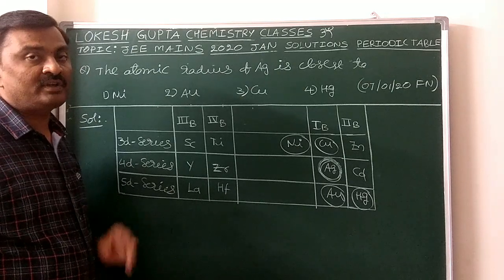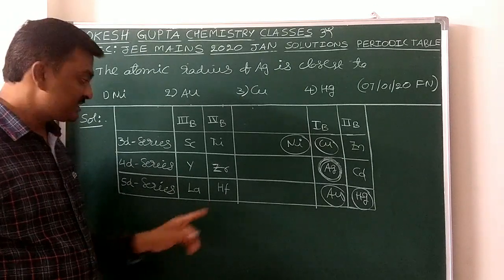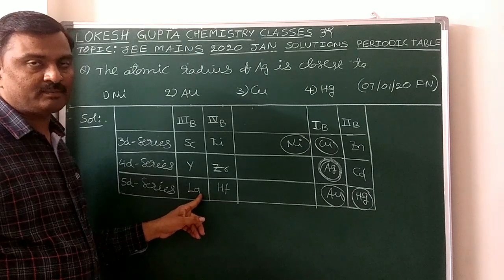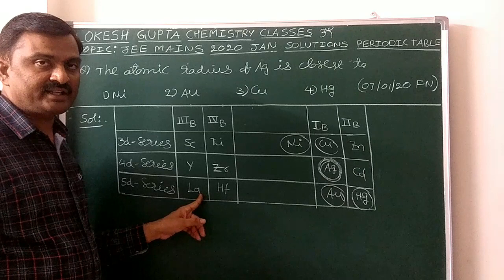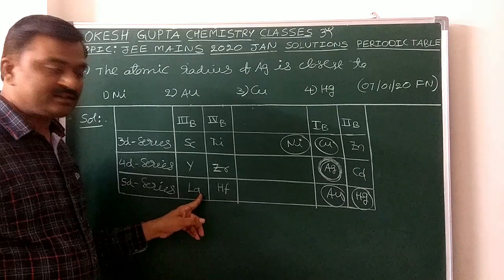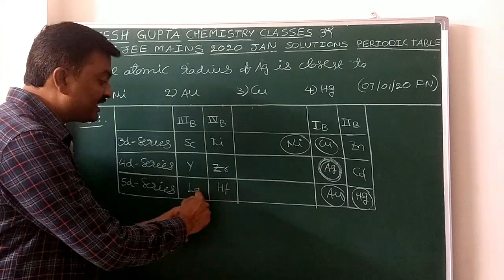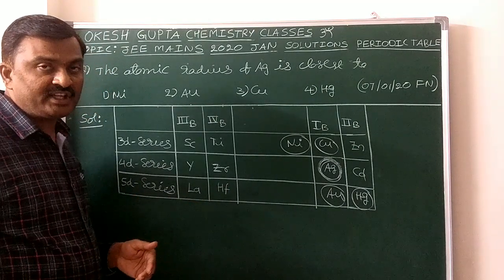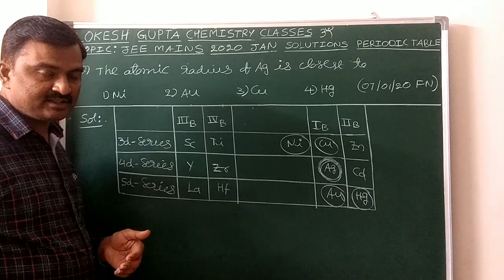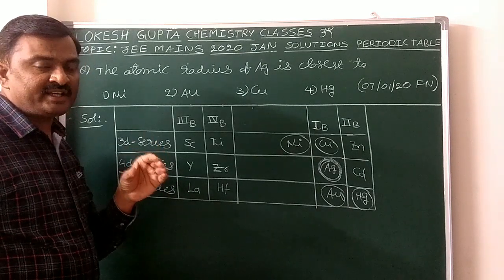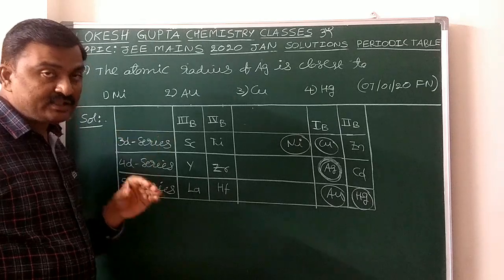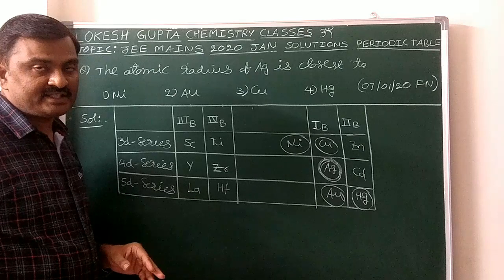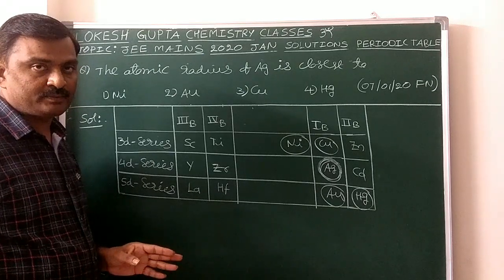This is because of lanthanide contraction. See, after lanthanum, atomic numbers 58 to 71, 14 elements are lanthanides. Those 14 elements come in between lanthanum and hafnium, and for those 14 elements atomic radius decreases. That decrease in atomic radius of lanthanides has an influence on the atomic radius of 5d series elements, except 3B group.